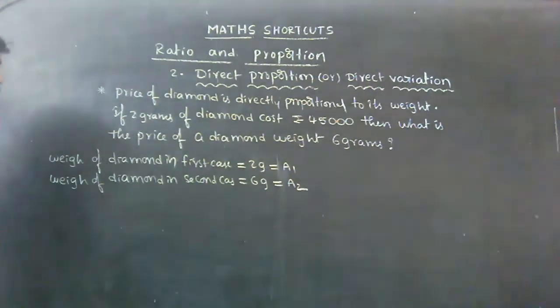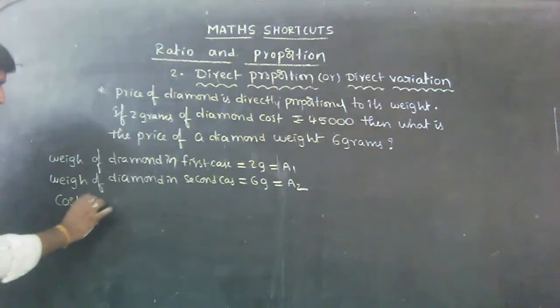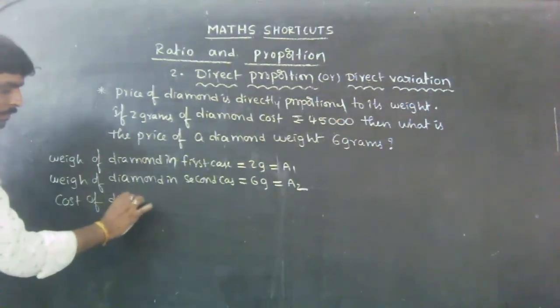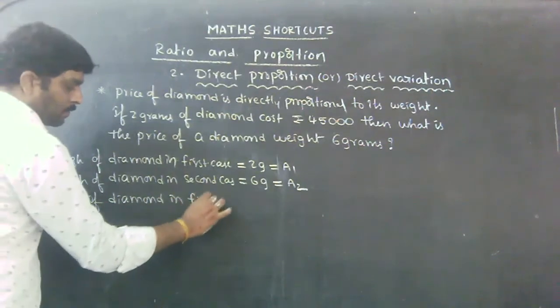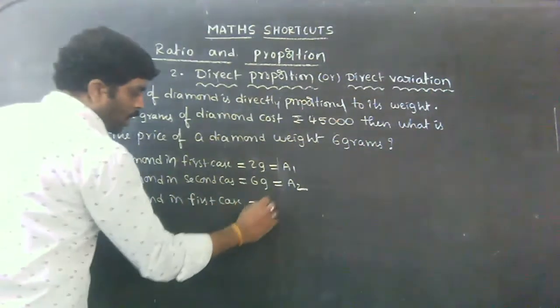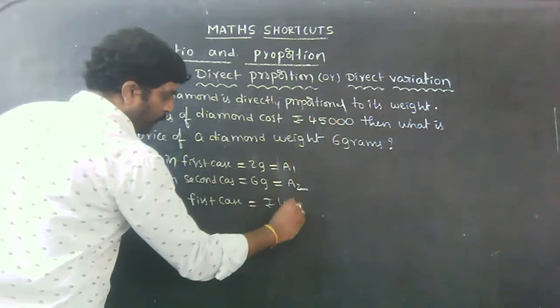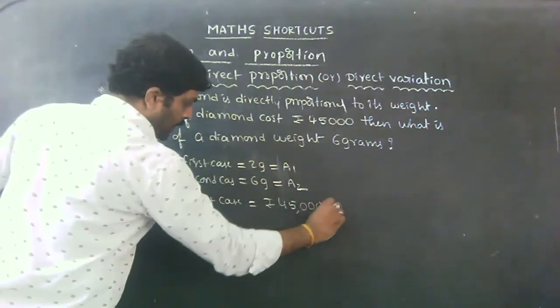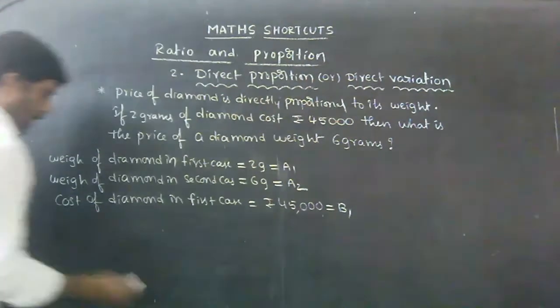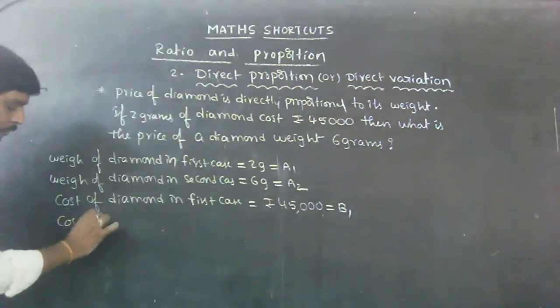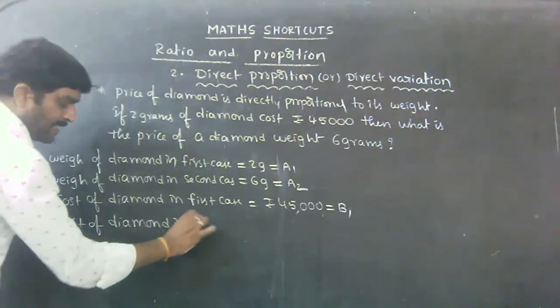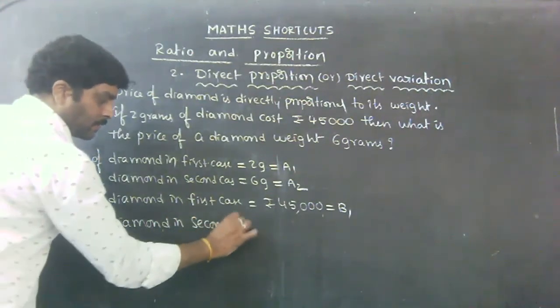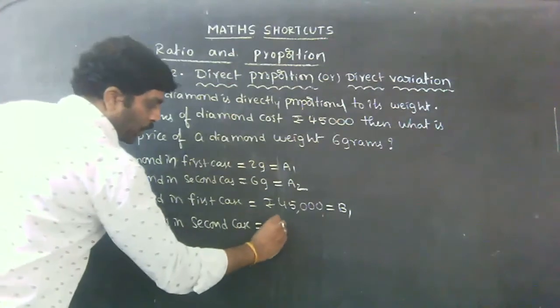Next, their cost is given. Cost of diamond in the first case is rupees 45,000. Let us take that as B1. Now, cost of diamond in the second case, we don't know that.